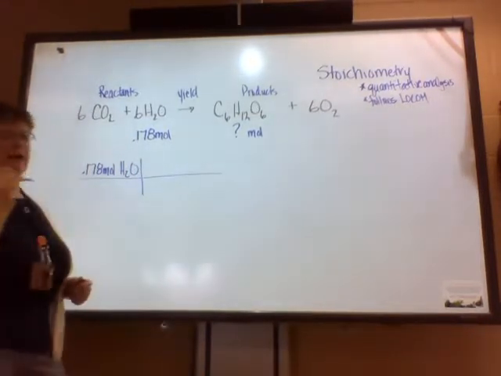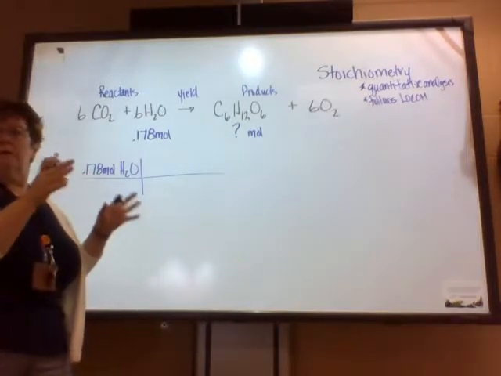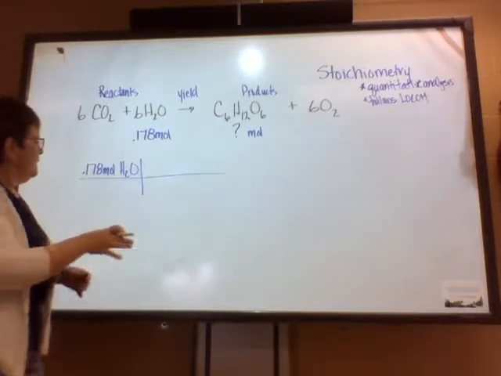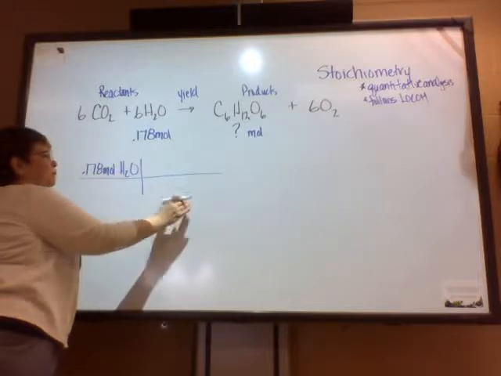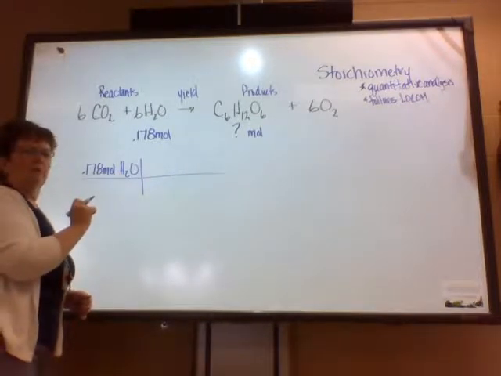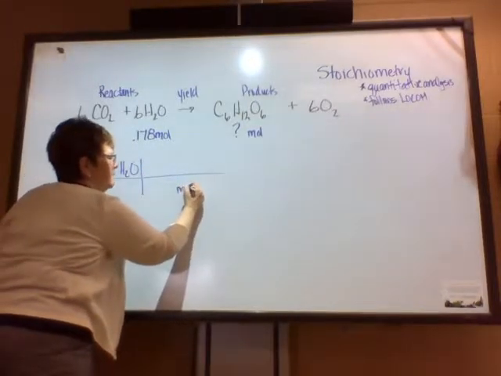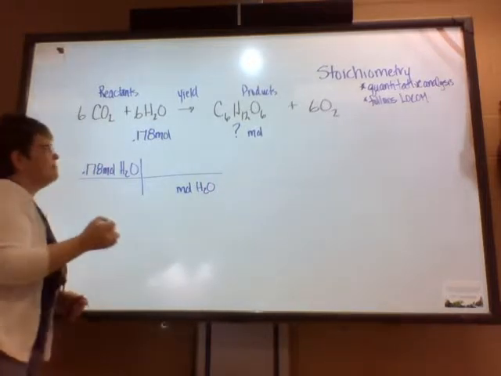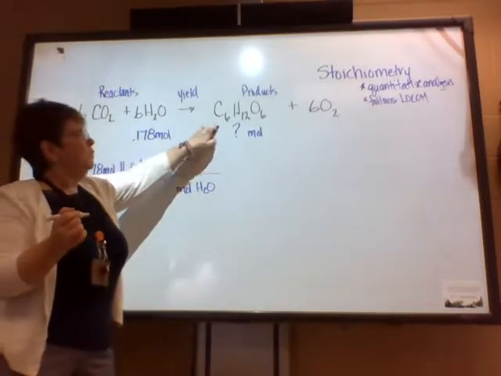Using conversion factors, we have to eventually get to moles of glucose. From our previous study of moles, if I have moles of water up here, my label down here is moles of water. Whatever is in your numerator as your label must be in your denominator.